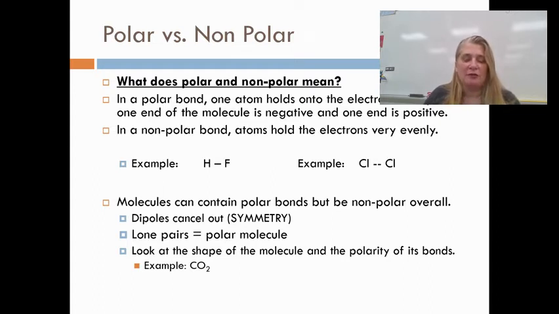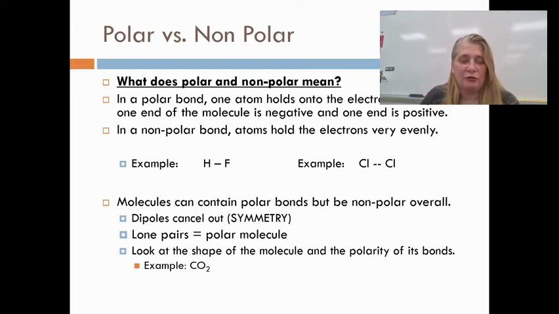So the more electronegative an element is, the more it will pull on the shared electrons and the more polar the molecule will be. A good example is HF. There's a huge difference in electronegativity, so that is a very polar covalent molecule.